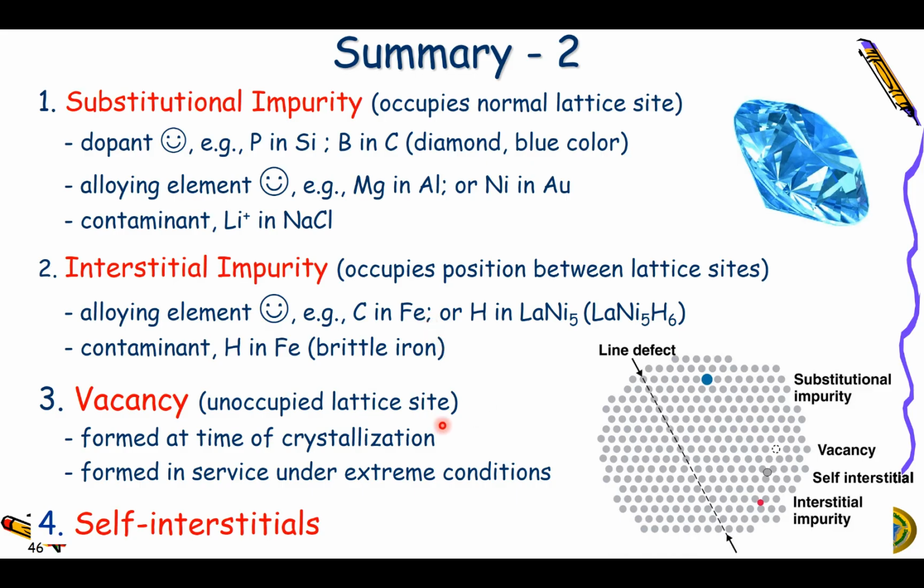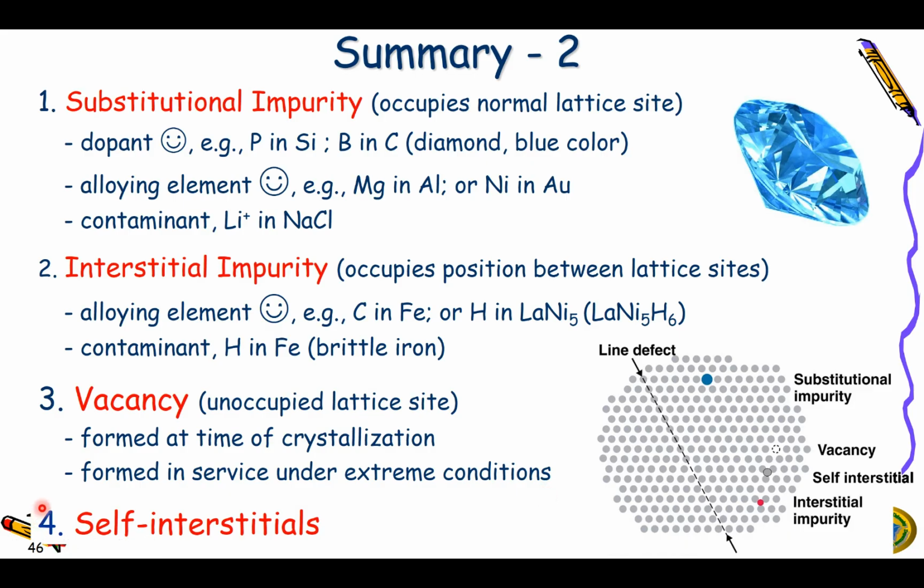Right. The third one is vacancy. We learned this already, right? An unoccupied lattice site, formed at the time of crystallization. How do you form vacancies? Formed at the time of crystallization, or under extreme conditions like supercooling.